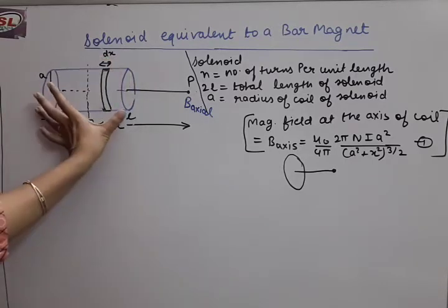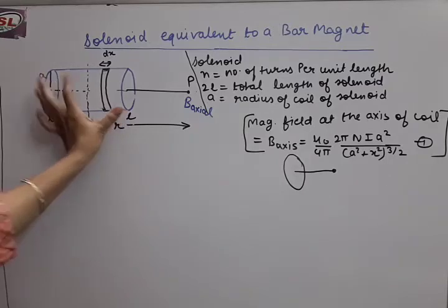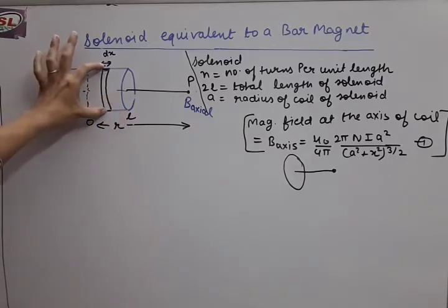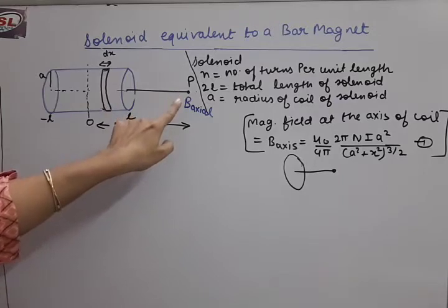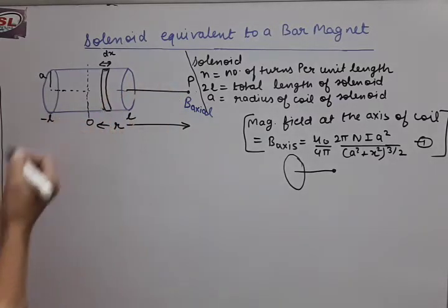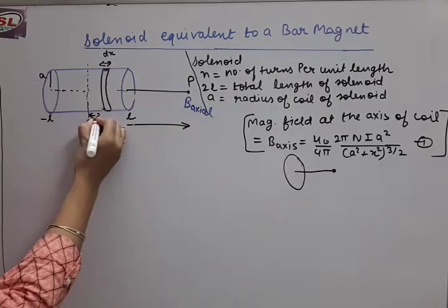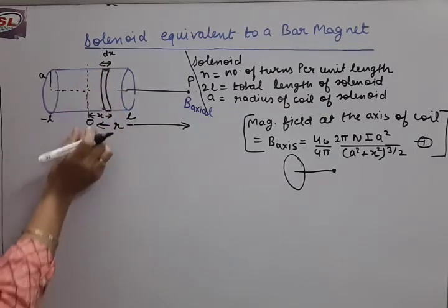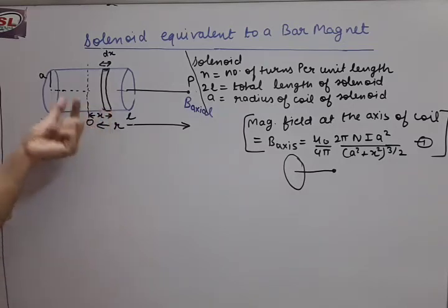First of all, we will not take the whole solenoid. We will only take this part of the solenoid, and due to it we will find B axial here. We will call it dB. Generally the concept is that we take thickness dx at distance x. Its distance from the center is x and its thickness is dx.